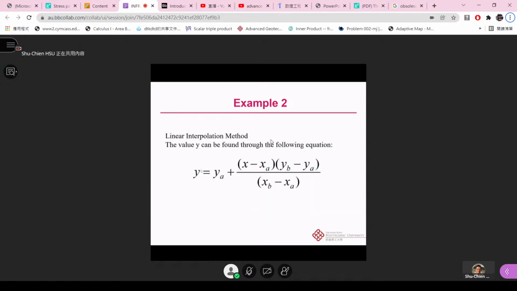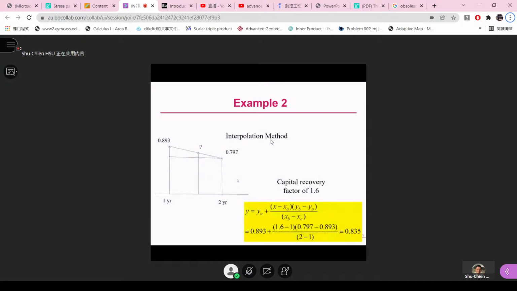So then we just use the linear interpolation method, where the value y can be found through the following equation. We will get the factor for 1.6. It's just like this. We have 0.893 plus the bracket of 1.6 minus 1 times the bracket of 0.797 minus 0.893 divided by 1.